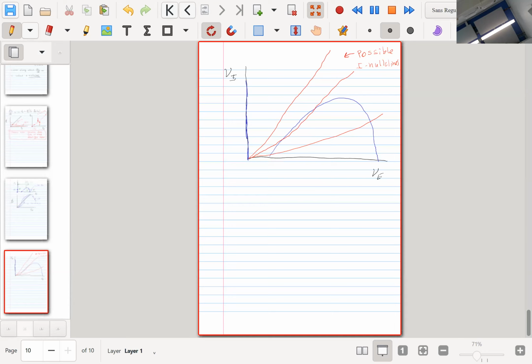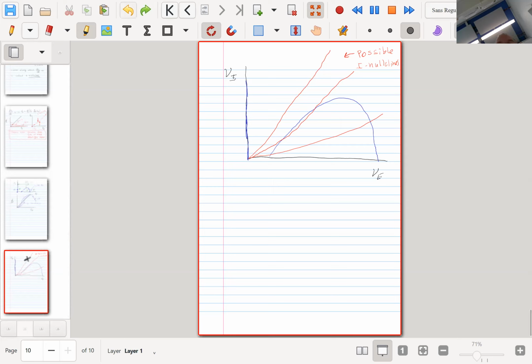It depends on the details. But if it's this one here, the only fixed point is at 0. The network is just dead silent. That's not likely what we're going to see in the brain, so we can rule this one out.